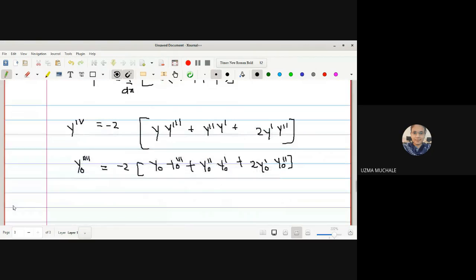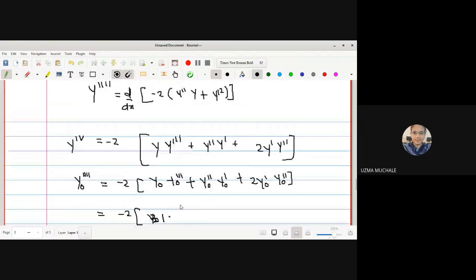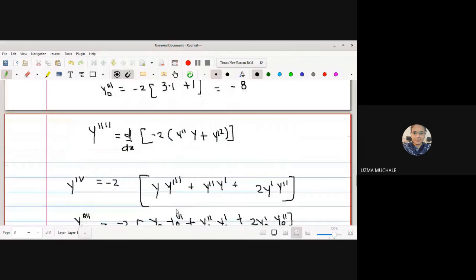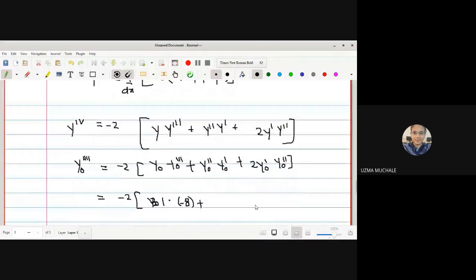Okay, now we are knowing all these values, just put them in and tell me the answer. Y naught is 1 into y naught triple dash we have found is minus 8 plus y naught double dash. What is the value of y naught double dash we have found? It is 3 into y naught dash we have found it is minus 1 plus 2 times y naught dash is again minus 1. What is y naught double dash?